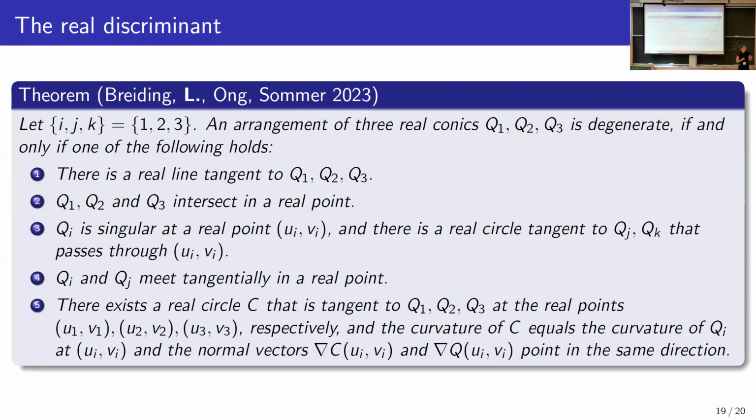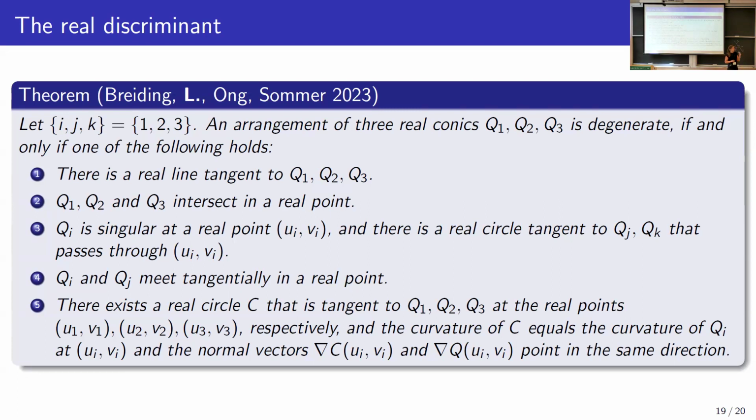The next one is that the 3 conics intersect in a real point. So this is something like this, maybe. And I realize I'm drawing ellipses for all of them, but that's just because I think it's easier. These could be hyperbolas too. Both of these are clearly non-generic situations.